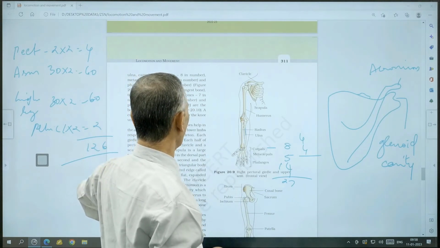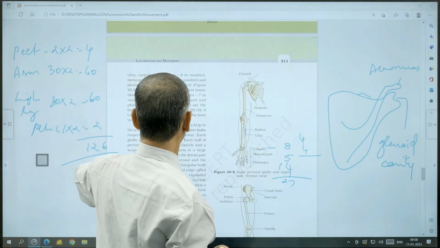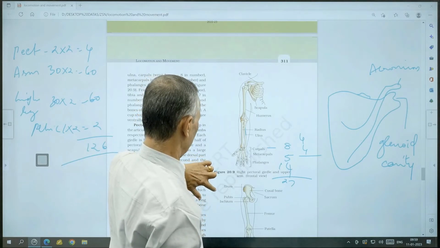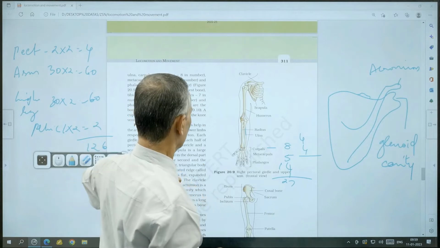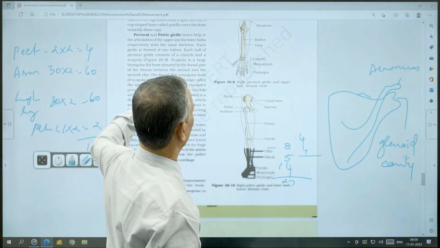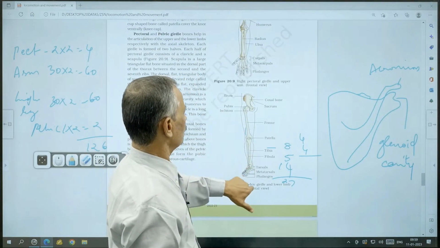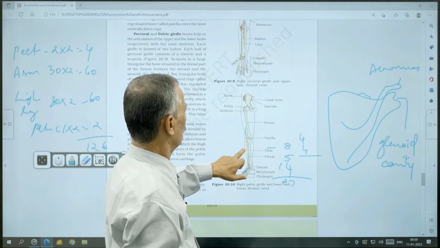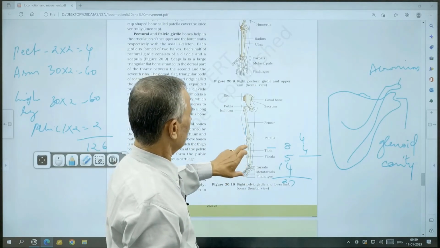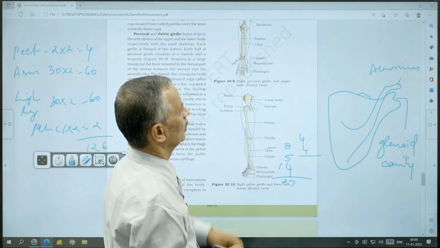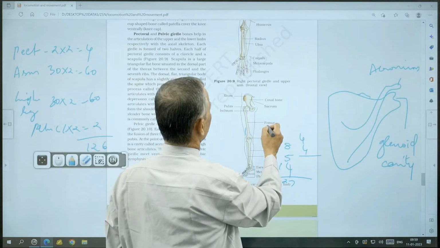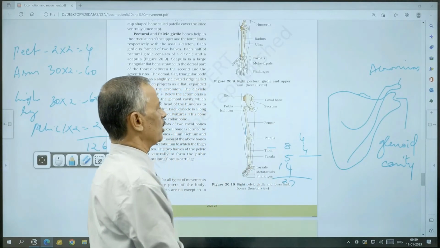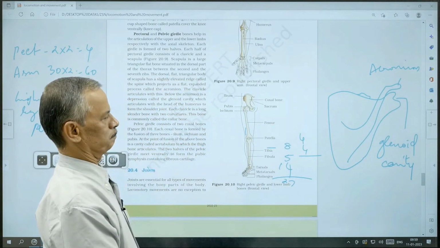Now coming to the bones of the second pair of limbs, the lower limb, namely the leg. The lower limb has three parts: thigh, leg, and the foot. The thigh region has the longest bone in our body, called the femur.